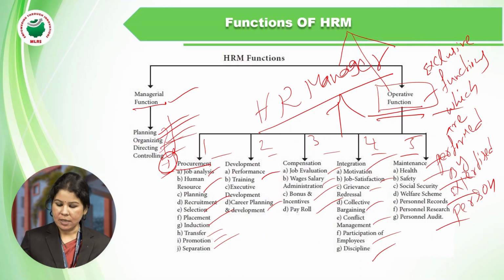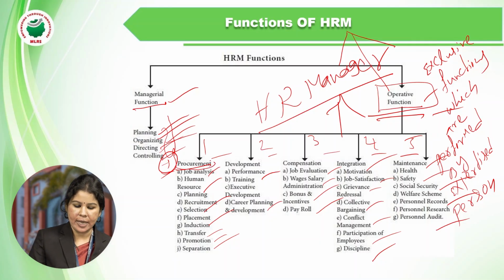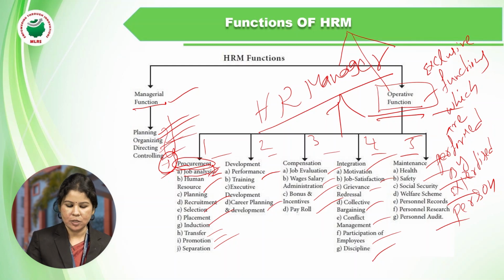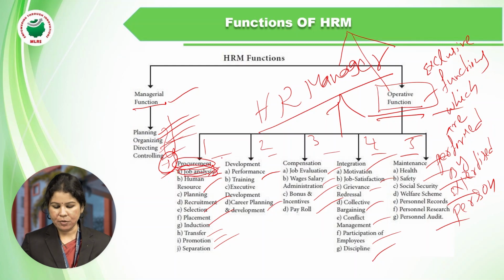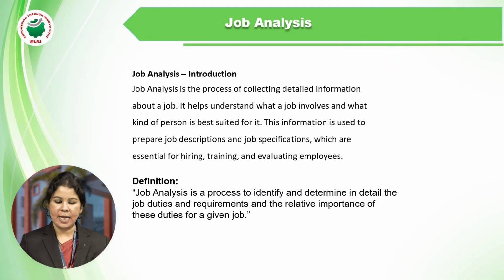So these are the various operative functions of HRM. In the first chapter we are going to discuss the first operative function, which is called procurement. The first sub-operative function in procurement is job analysis, so now we are going to discuss job analysis.